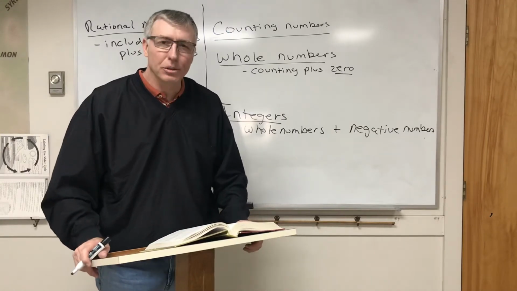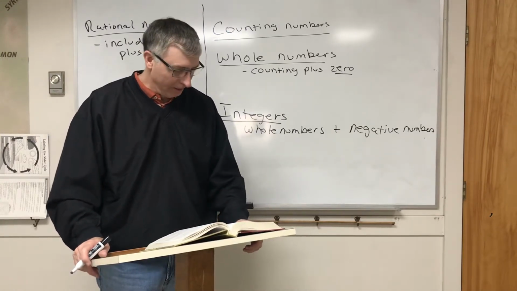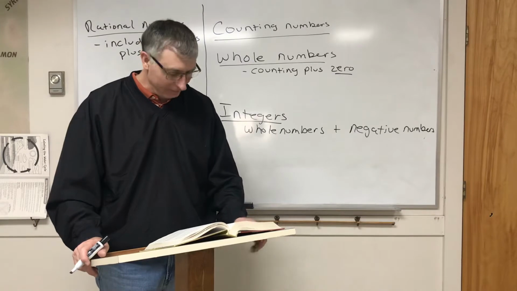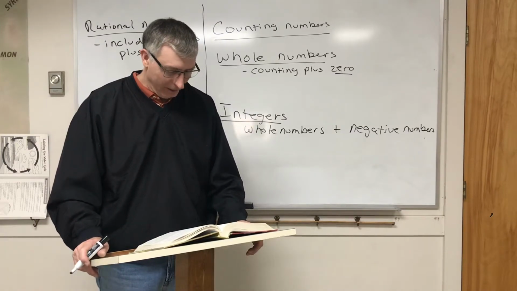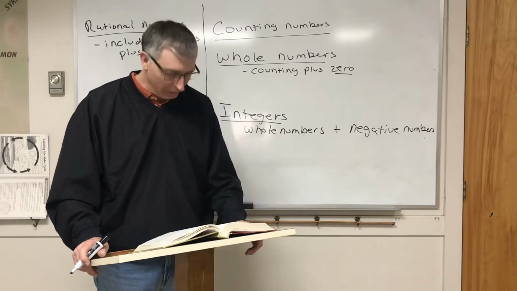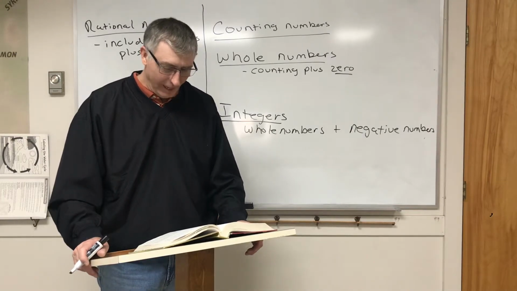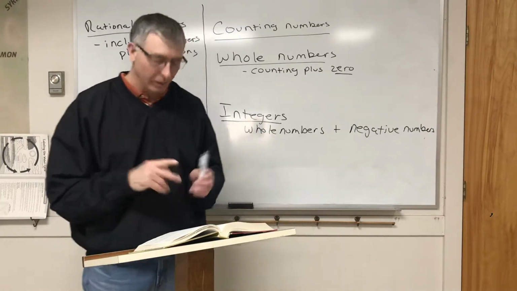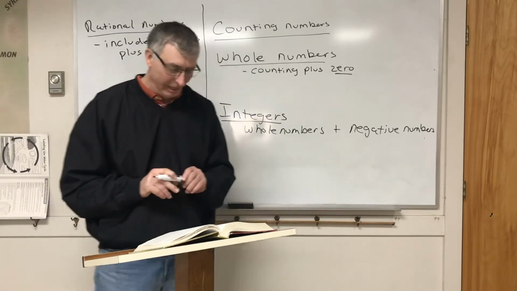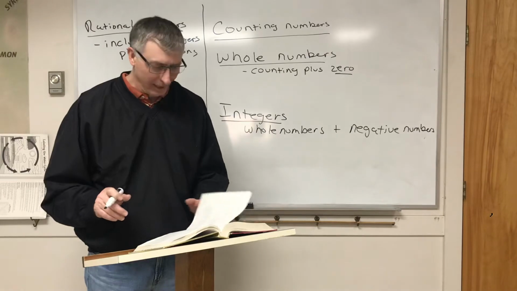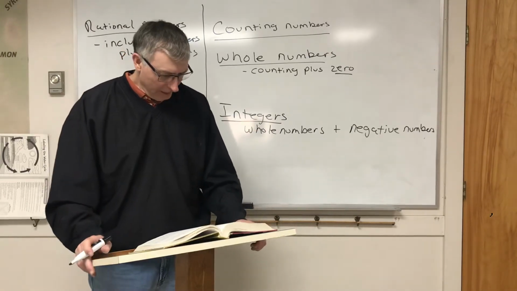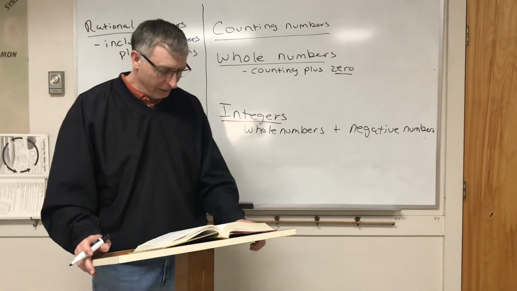I would like to do a video lesson for your math lesson 107. This lesson talks about number families, and there are certain groups of numbers that we want to discuss so we can identify them. Let's go to the first one, the counting numbers.